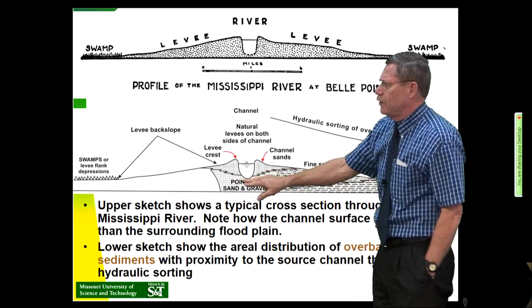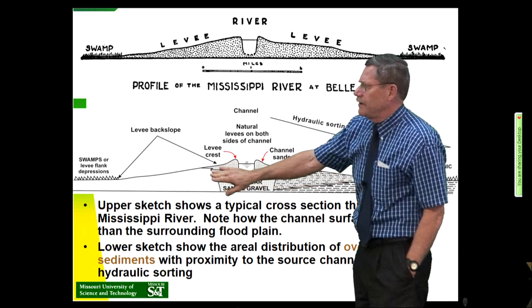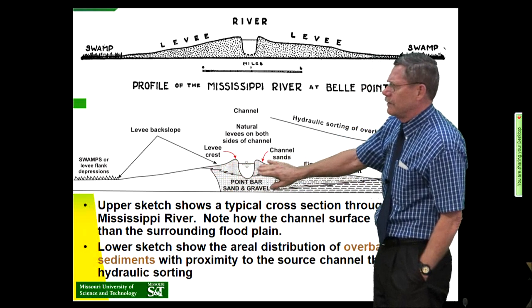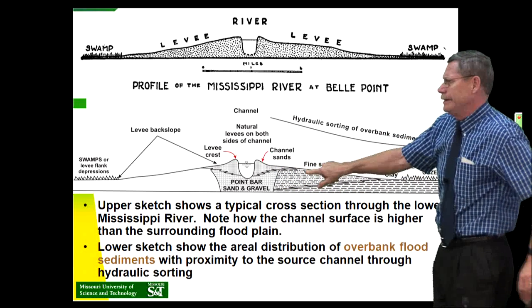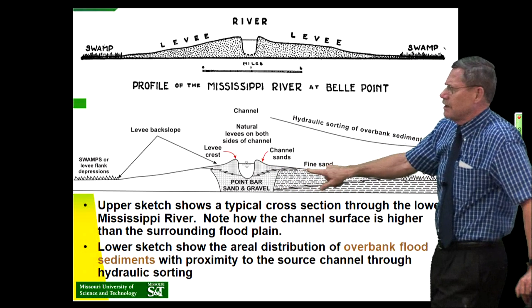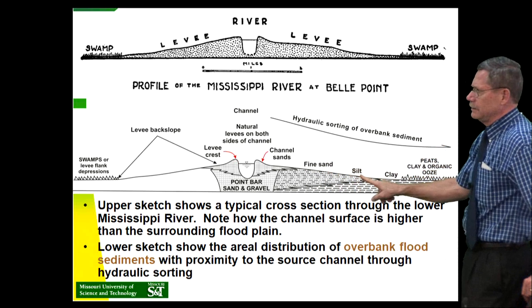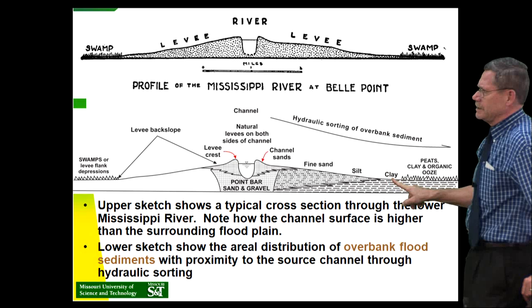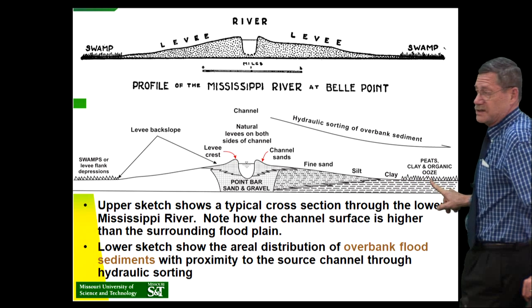And then we see the Holocene channel sands right here. And the levees and the bed of the river are very sandy. But as we get away a short distance, a few hundred meters, that starts getting finer. So you get finer sand, then you get into silt, finally you get to clays, and out here in the marsh, yuck, it's like a sewage treatment plant.